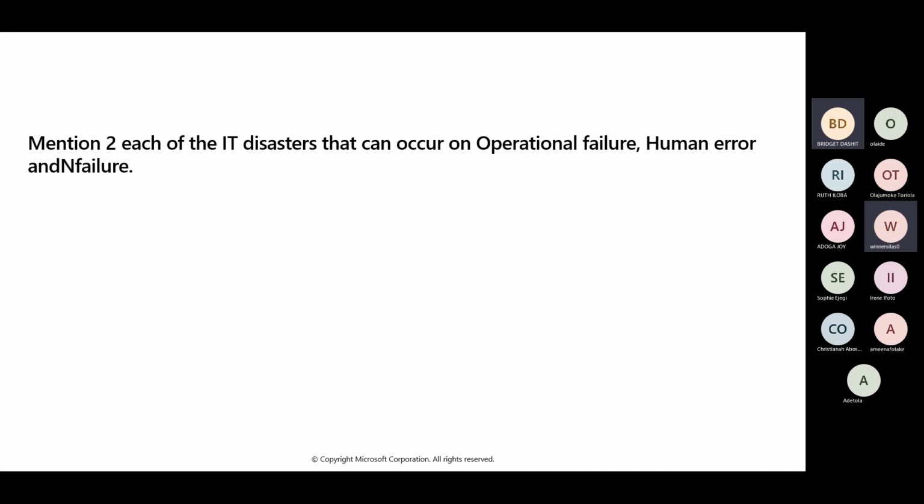For operational failures, we have power failure and hardware failure. And for the natural disaster, we have earthquake and flood.